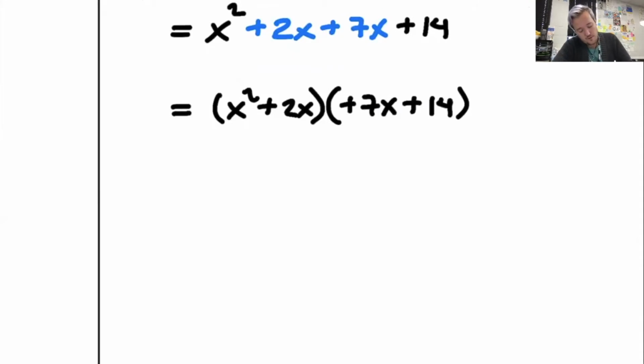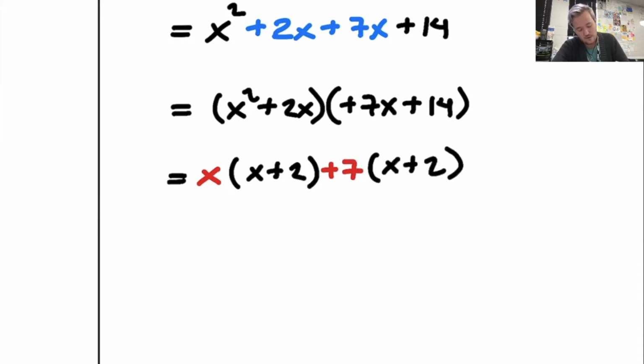In the first group, I can take out an x. When I take out an x, I'm going to have x plus 2 left. In the second group, between 7x and 14, I can take out a 7. When I take out a 7, I'm going to have x plus 2.